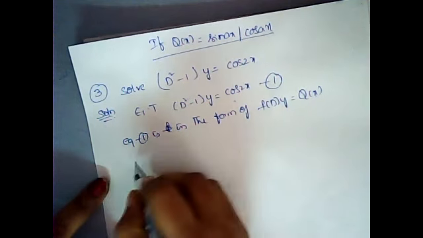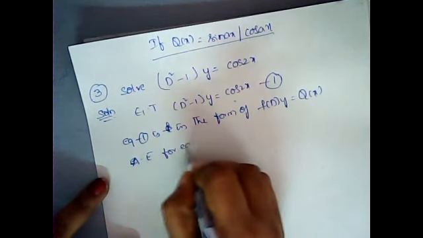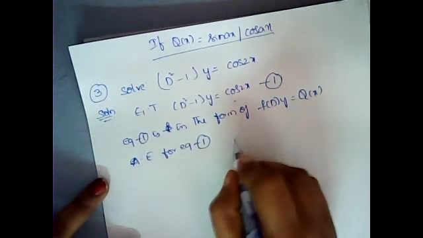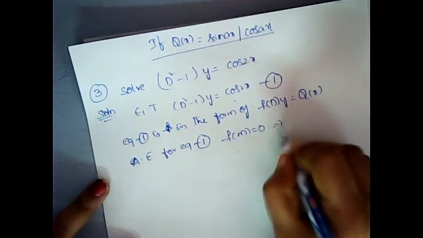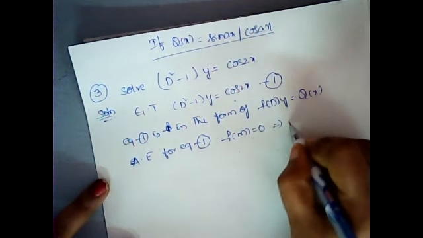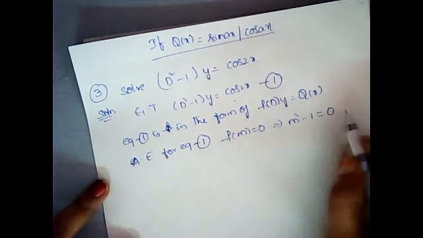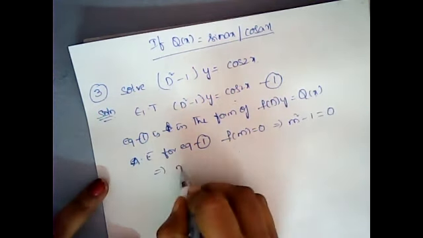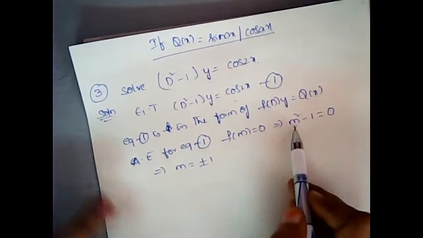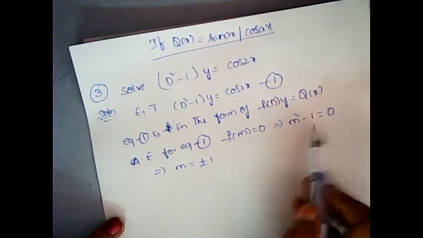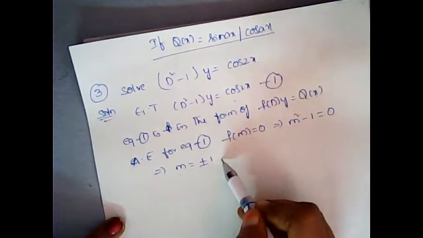For that, the auxiliary equation for equation 1 is f of m is equal to 0, which is m squared minus 1 is equal to 0. So m is equal to plus or minus 1.